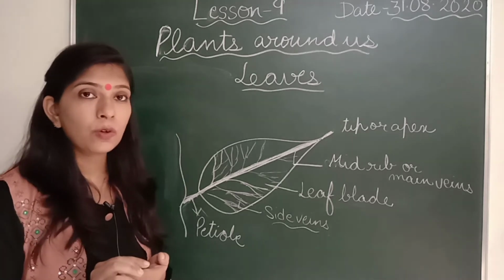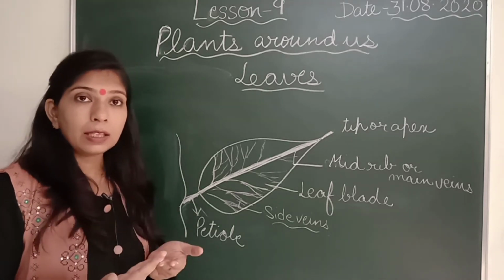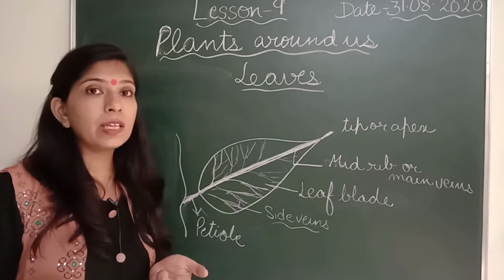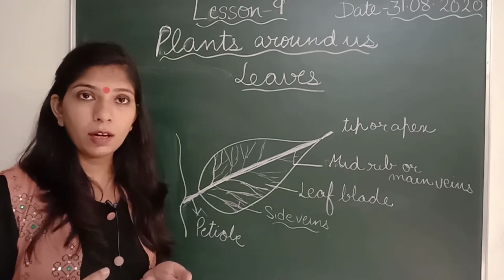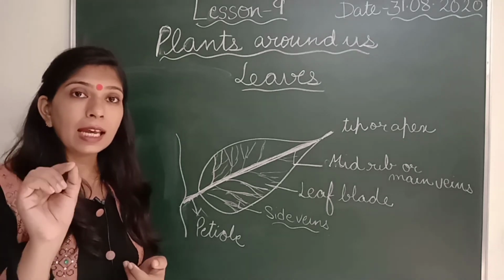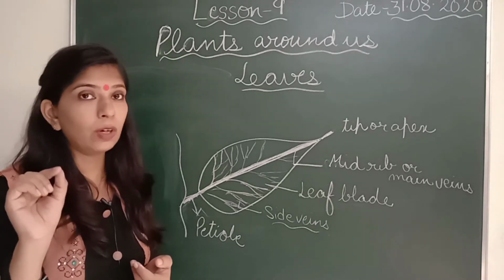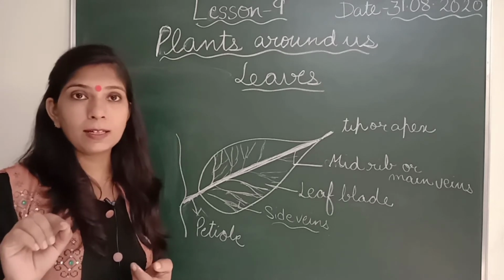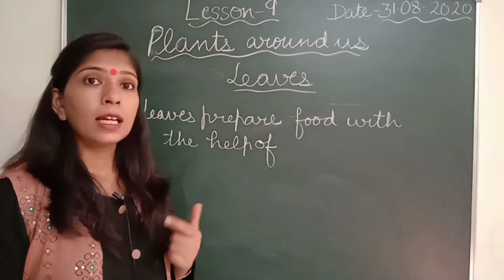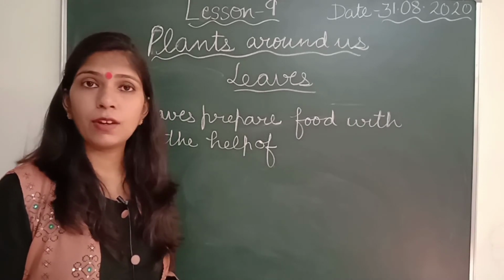With the help of stomata, they breathe. They take carbon dioxide and release oxygen and excess water through those tiny holes. What do we call those tiny holes? Stomata. Got it?